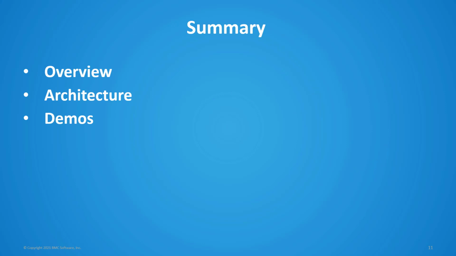Here is a summary of what we discussed today. We showed an overview of the Control-M Enterprise Manager and briefly discussed its architecture. In the demo, we went over the GUI server and how the logs show a successful LDAP connection and login. We also showed how to enable debug without recycling the component. For the gateway, we demonstrated how the logs show a successful connection to the Control-M server and how a download looks.